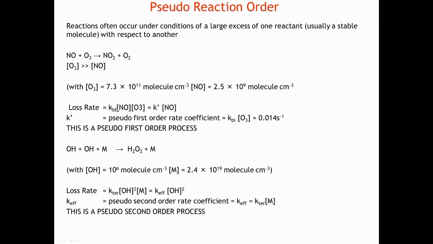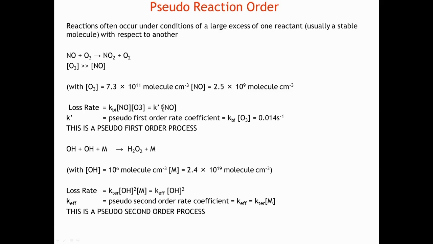And we have the bimolecular loss rate, which would be this. But if we assume that ozone stays constant, because it's not consumed anywhere nearly as quickly as the NO, in terms of its initial concentration, it becomes a pseudo first order coefficient, where the bimolecular rate constant times the ozone concentration equals k prime.